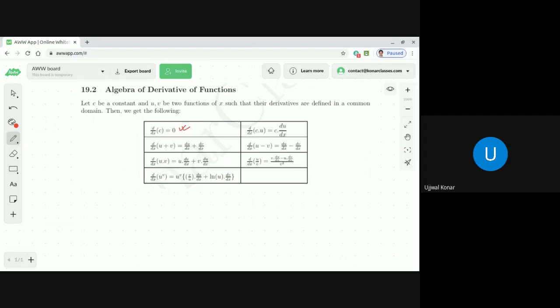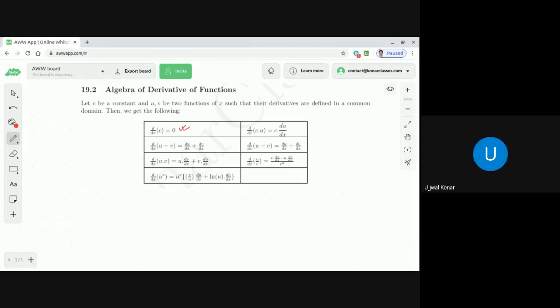The moment I say d/dx, your question should be, sir, d/dx of what? If I say d/dx of y, that means the rate of change of y with respect to x, isn't it? So if I say d/dx of c, what does it mean? It is the rate of change of c with respect to x.